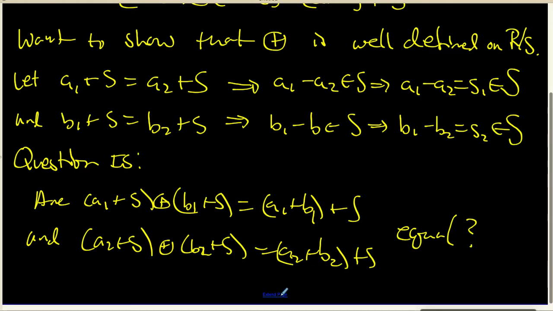And in order to investigate that, what we basically need to do is look at the representative of the first set and the representative of the second set and see if their difference lies inside the subring.